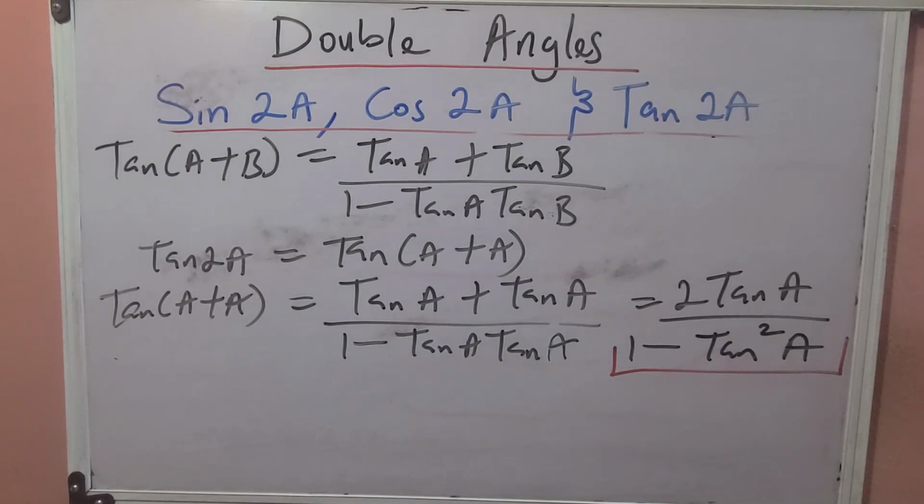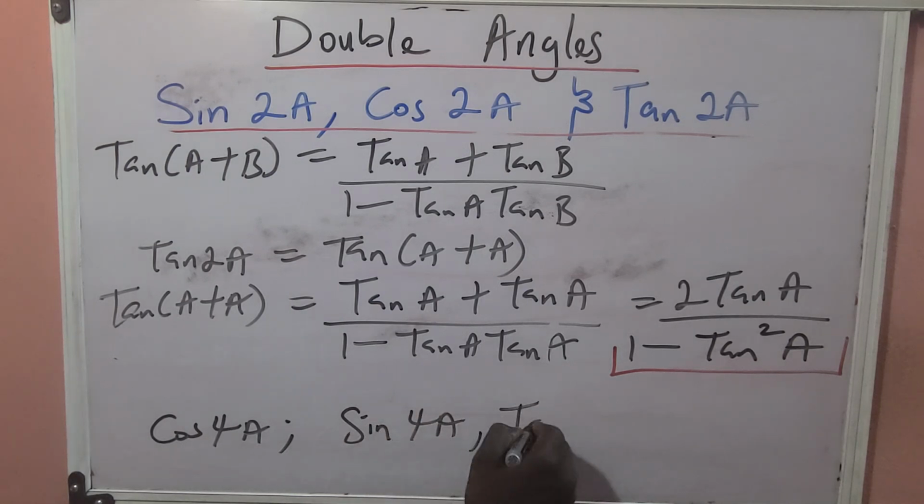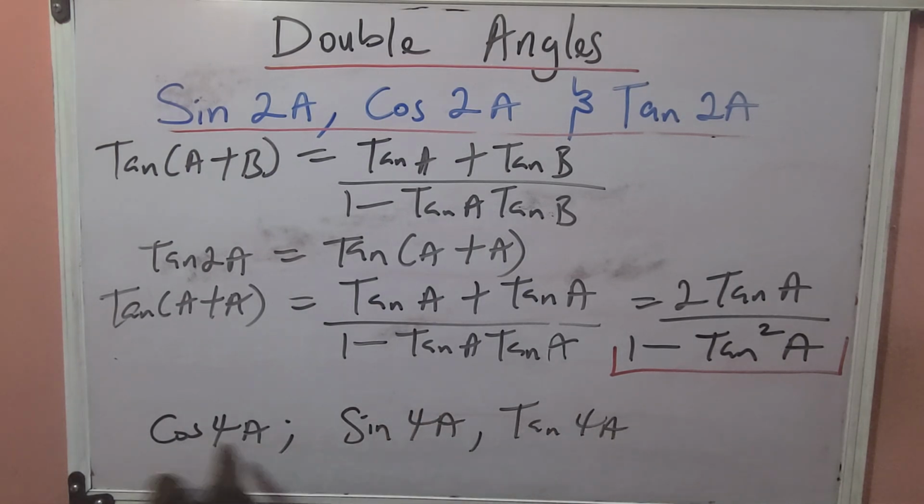So what I'm going to ask you to do for practice is for you to go on to investigate what do you think is going to be cos 4A, what do you think is going to be sine 4A, and what do you think is going to be tan 4A. I want you to go on to investigate this, and you can let me know how you are able to cope with this in the comment section.